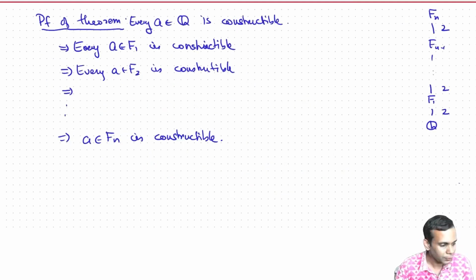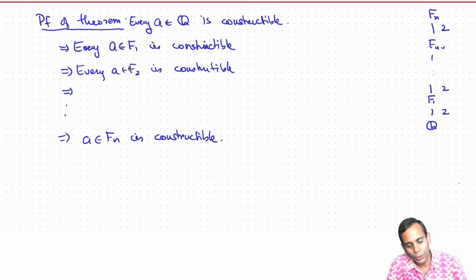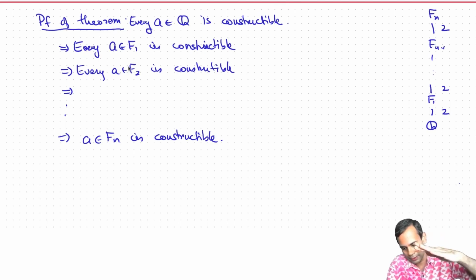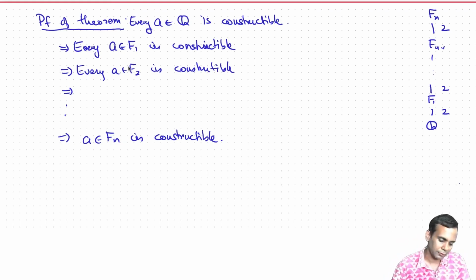Now for the converse, we will have to use theorem star. Now we want to show that if we have a constructible number, then we can find a tower of quadratic extensions, so that it lives in one of the fields in that tower.